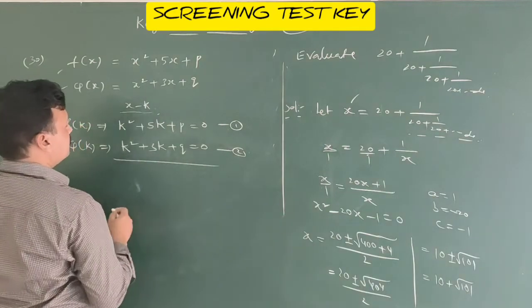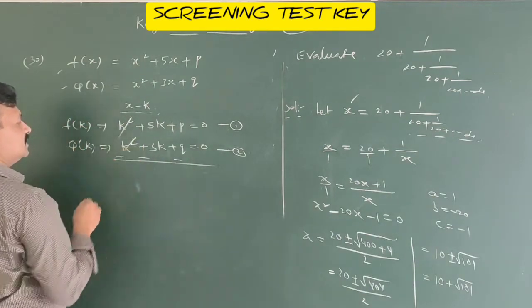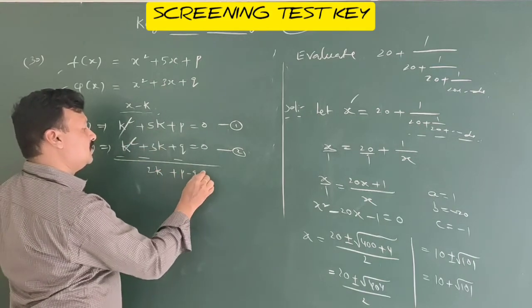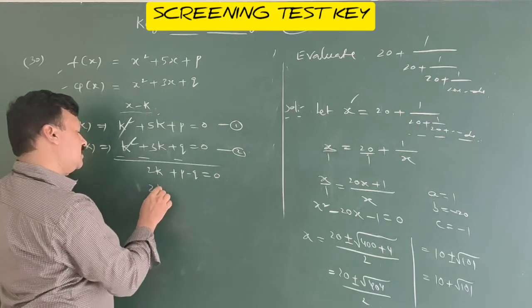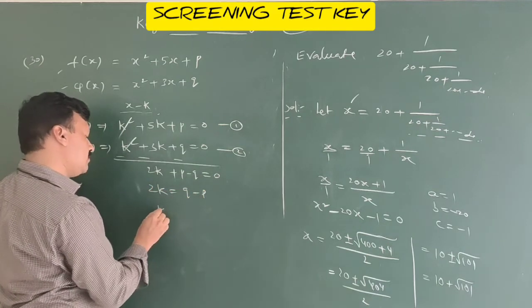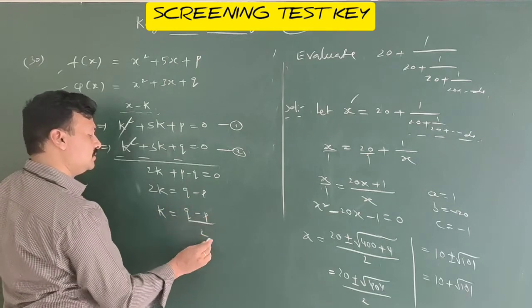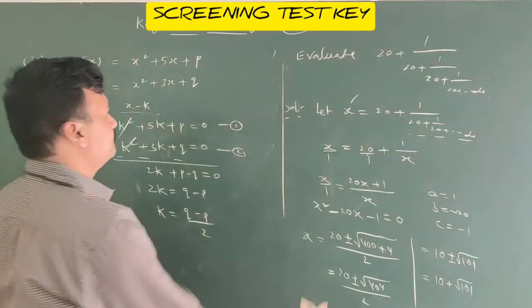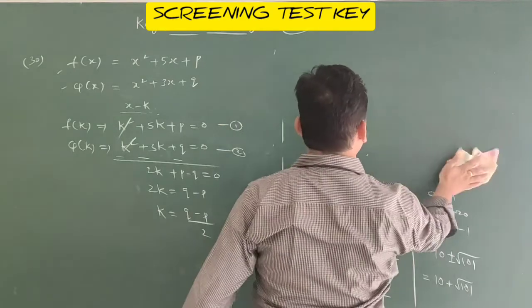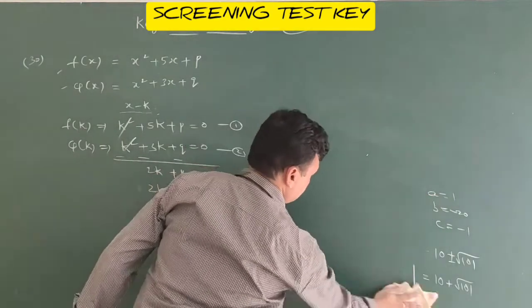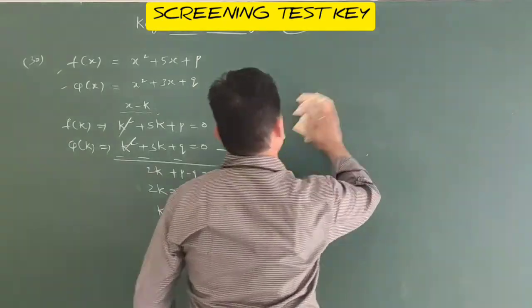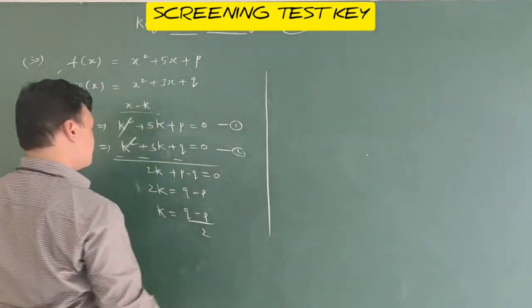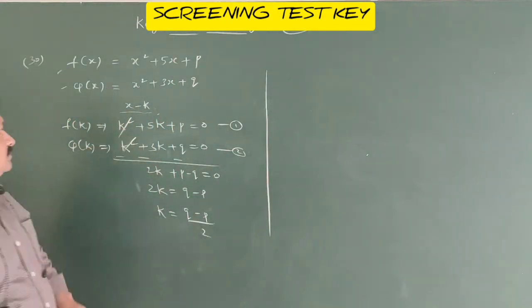If you subtract 1 and 2, k square gets cancelled, 5k minus 3k is 2k, plus p minus q equal to 0. So 2k equals q minus p, k equals q minus p by 2. Substitute the k value in 1 or 2.